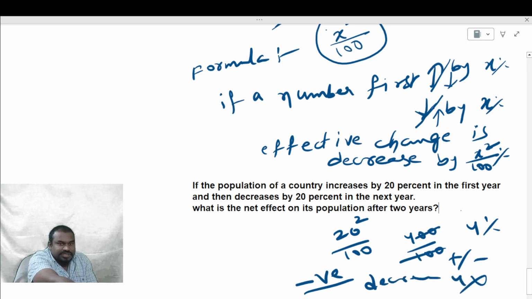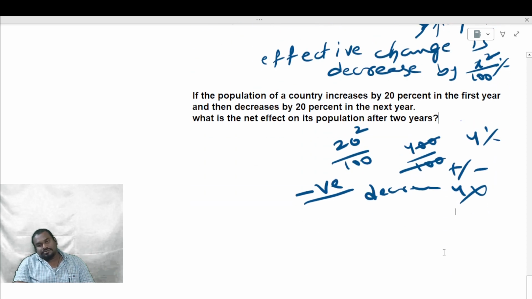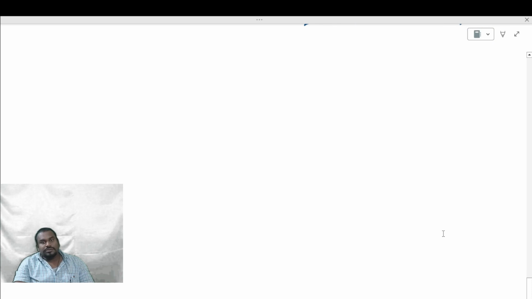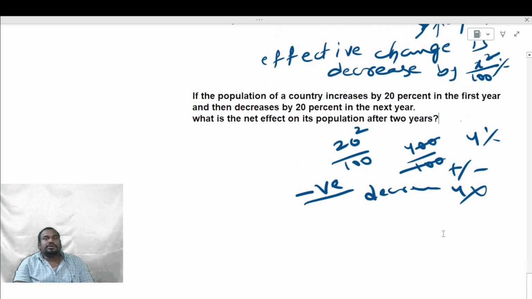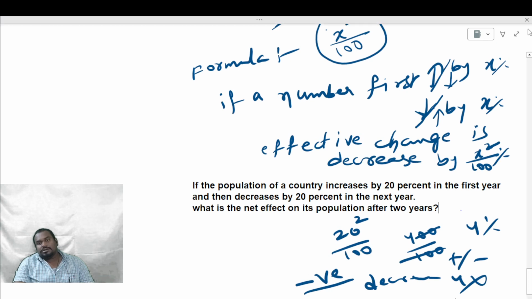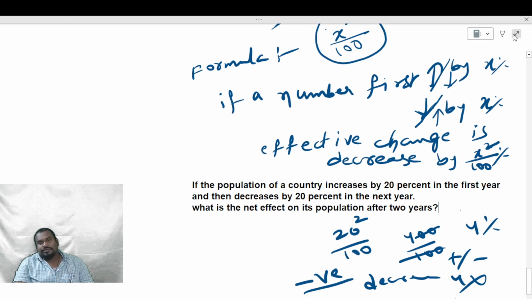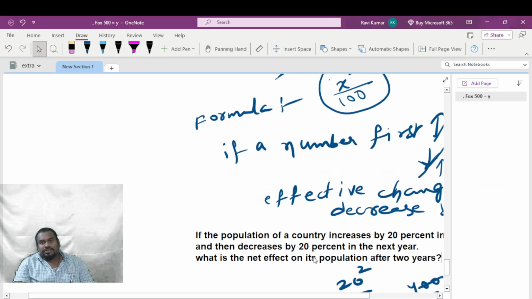Decreased by 4% means, if the initial population is 10,000, 4% of 10,000 is 400, so it will be decreased by 400. Based on this formula, I've seen many exams.